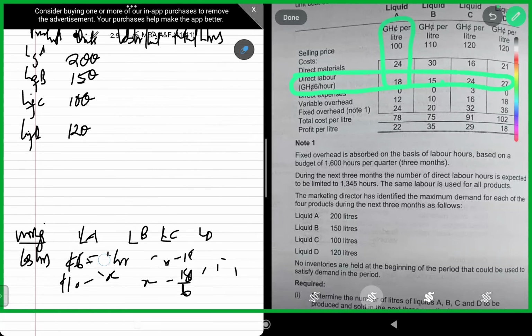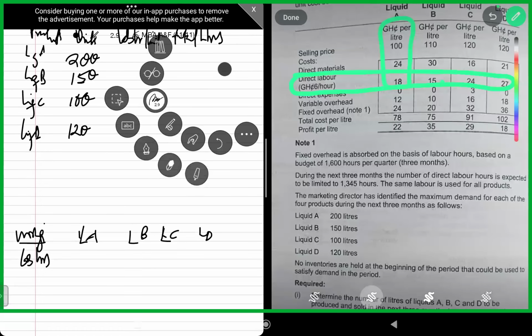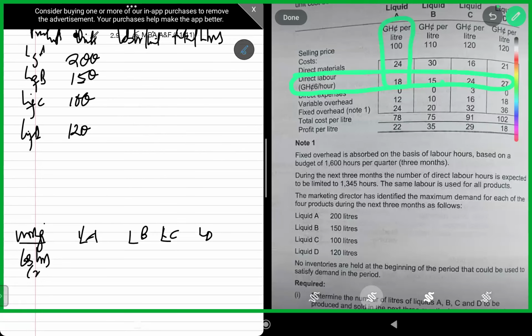So for liquid A, for me to get the actual labor hours, let labor hours here be X. It's going to be 18 over 6, which will give me 3 labor hours, right?